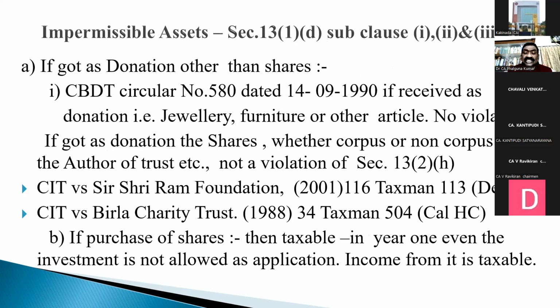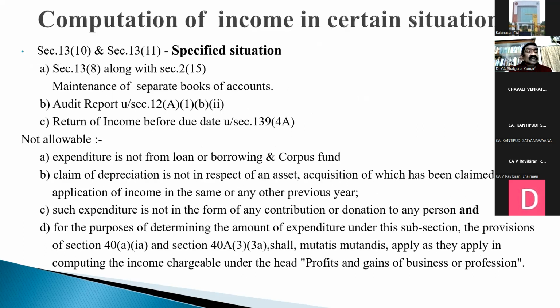By chance you purchase the shares, then in the year you purchase, to that extent your income is becoming taxable. If you got as donation, it's all right. But whereas if you got as a purchase, which is impermissible investment you purchase, then the income to that extent is taxable. So the 13(10) and section 13(11) talk about specified situation.